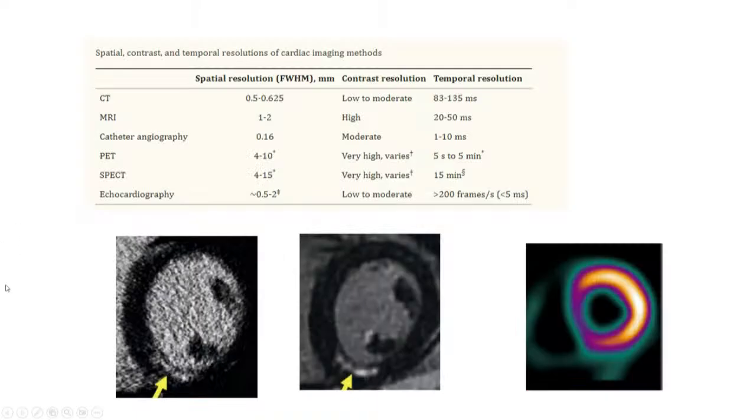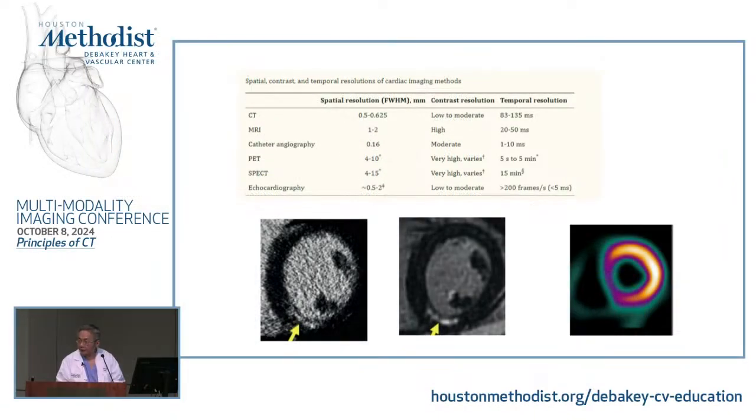Okay, so how good is CT compared to other imaging modalities in terms of spatial resolution, contrast resolution, and temporal resolution? Think about how we basically call good image quality, in a summary.